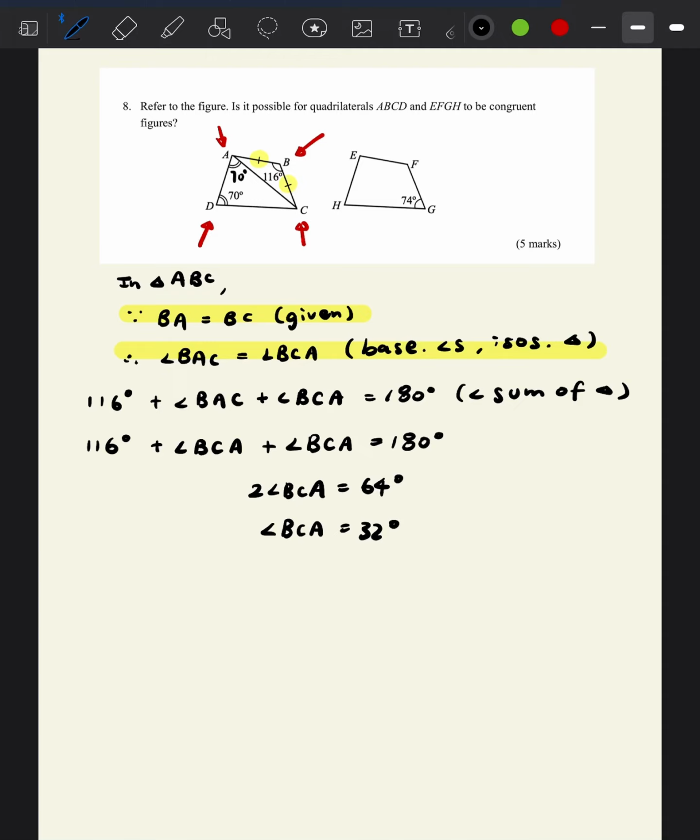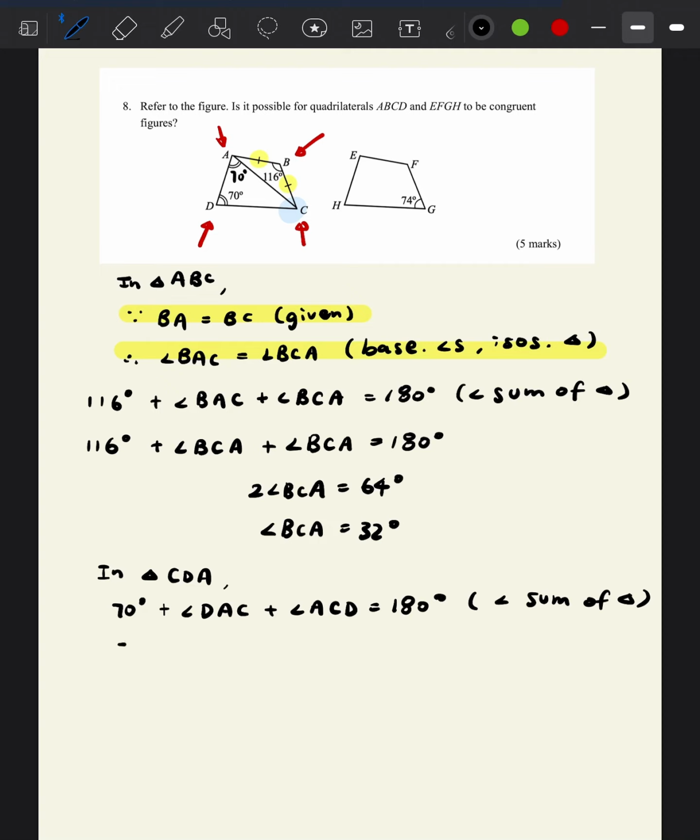So now you know that it is 32 degrees, but don't stop. You have BCA, but you want the whole angle C. So we have to find the ACD. In order to find ACD, again we use angle sum of triangle. DAC is actually given as 70 degrees as well, because by looking at the diagram, it says those 2 angles are the same.